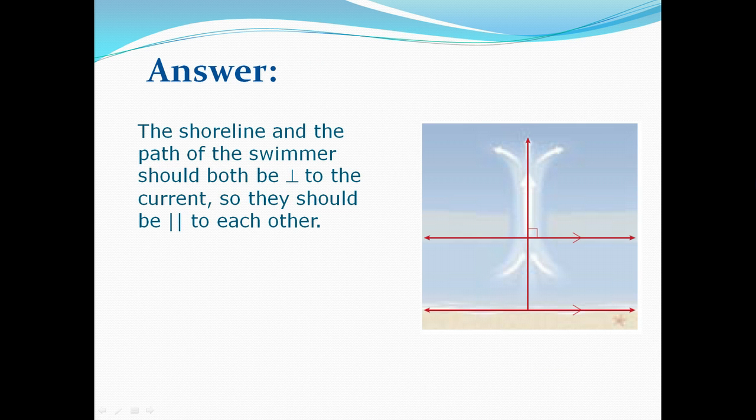If you look at the answer and the picture, the shoreline and the line perpendicular to the rip current itself are parallel lines because they're both perpendicular to the same rip current. The shoreline and path of the swimmer should be perpendicular to the current, and that means they'll be parallel to each other.